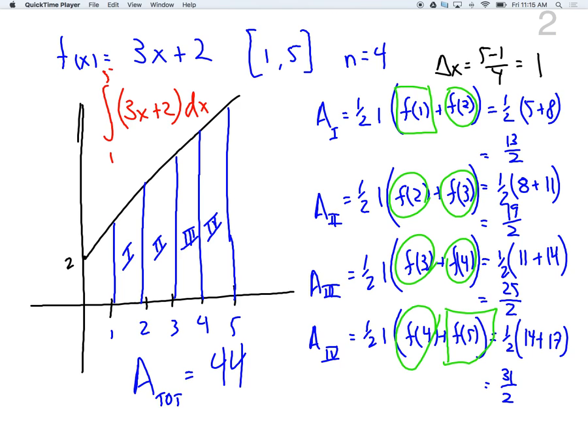Question? Why do we even do the rectangles first if this is going to be more accurate? This here? Like the trapezoid rule. Why do we even do the rectangles if we do this now? For this stuff.